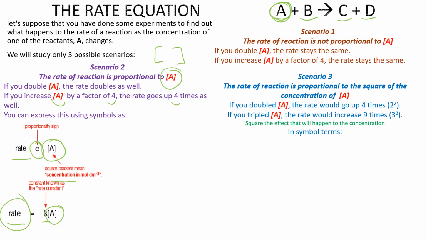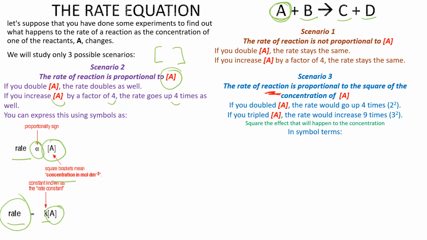In the third scenario, we have something else. When we double the concentration of A, the rate goes up 4 times. What is that? The rate of reaction is proportional to the square of the concentration of reactant A. When you double the concentration of A, the rate will go up 4 times.